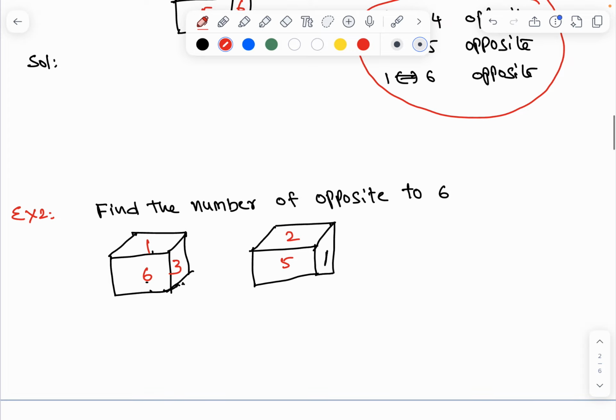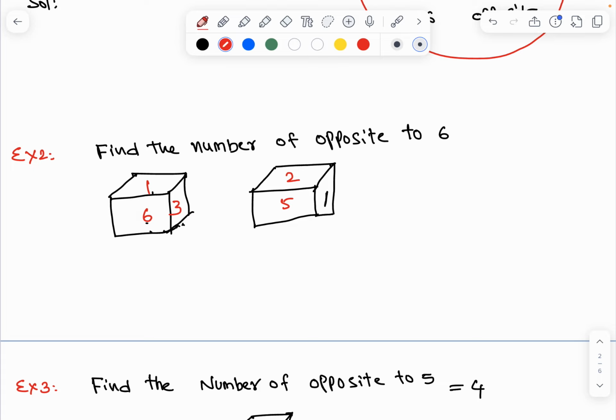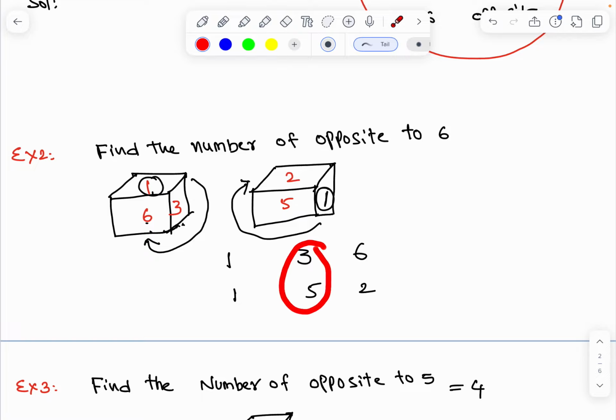Next question. Find the number opposite to 6. You can observe how many numbers are common here. 1 is common here. Therefore, write in this way. 1, 3, 6. Second dice: 1, 5, 2. 3 is the opposite of 5. 6 is the opposite of 2.